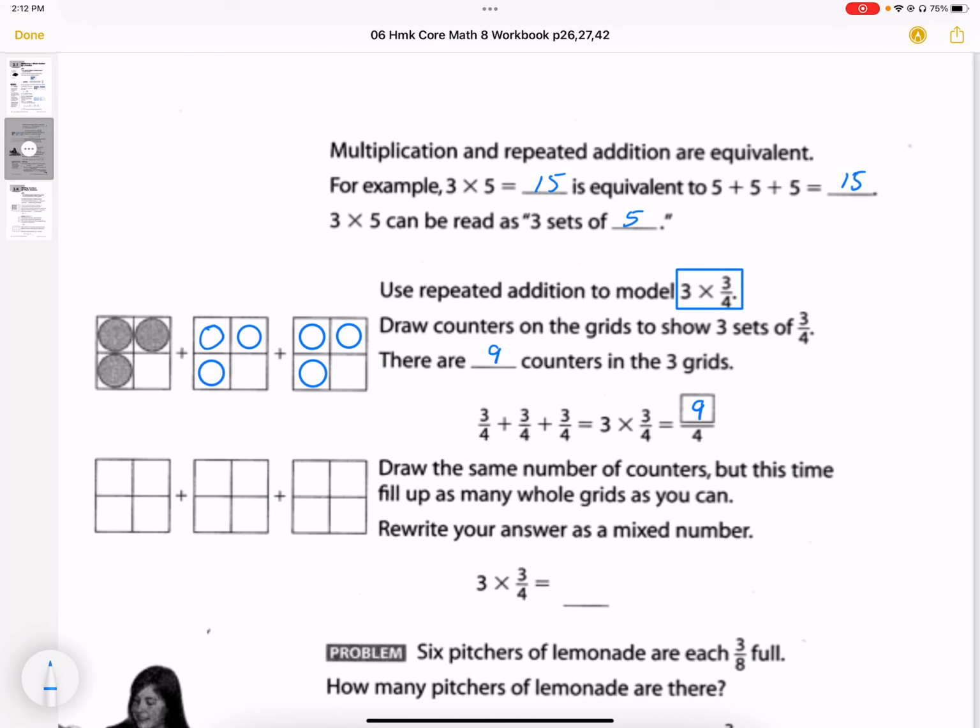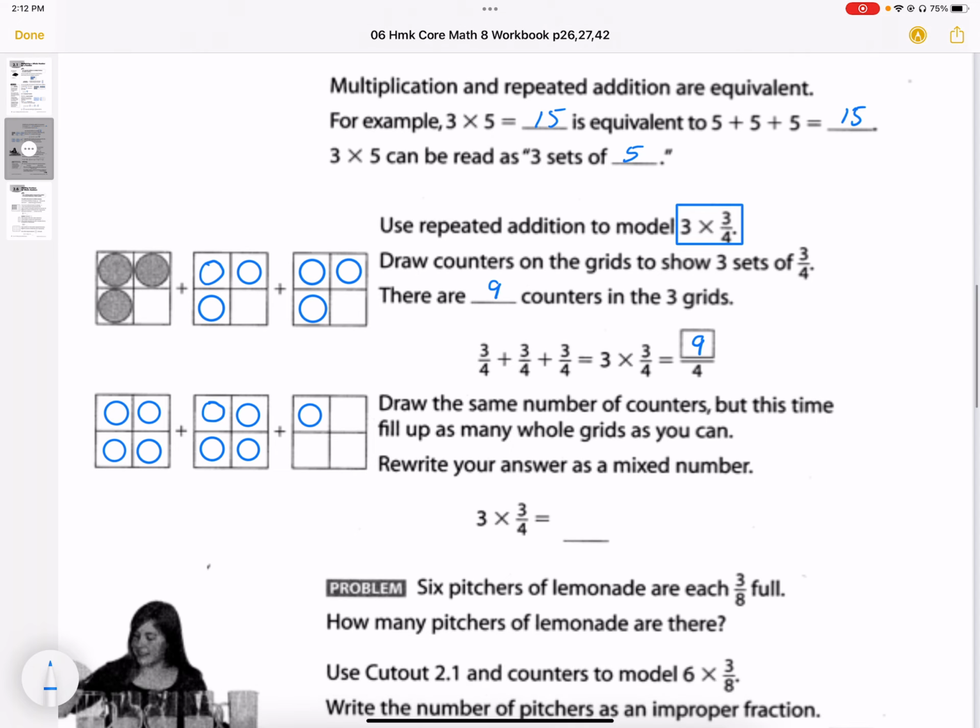We can rearrange these 9 into 1, 2, 3, 4, that makes 1 whole, 5, 6, 7, 8, that makes 2 wholes, and then we have 1 left over. So 3 times 3/4 can be rewritten as a mixed number.